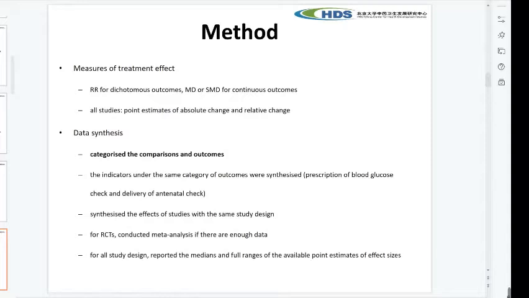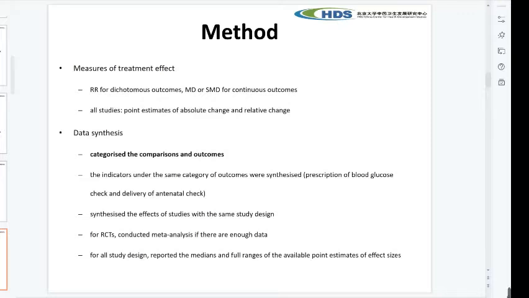Another special point in the methodology, and also the most difficult part of this Cochrane review, is to categorize the comparisons. Because the payment methods are very complex, and even different studies use the same terms like fee-for-service or capitation or pay-for-performance, actually the designs are different in each study.